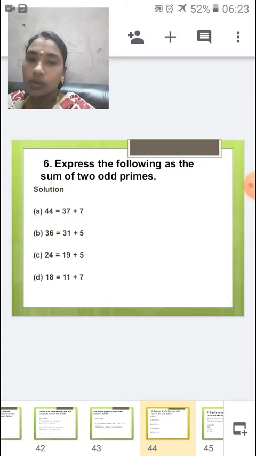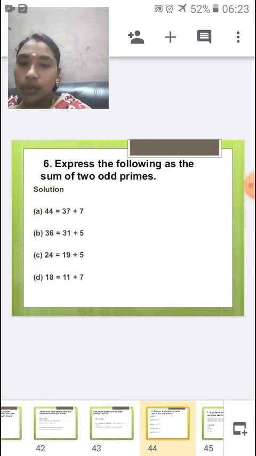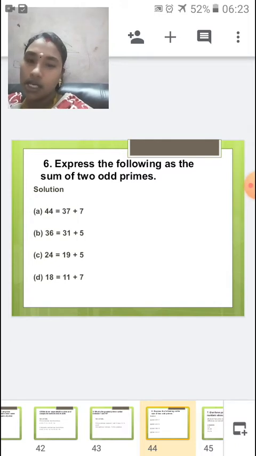Express the following as the sum of two odd primes. Now we are going to find how two odd primes are added to form the resultant number in the question.